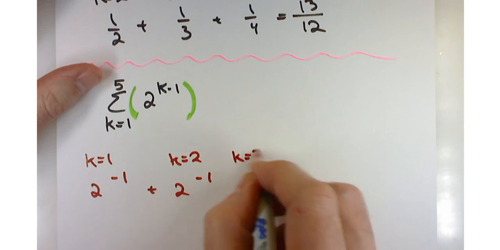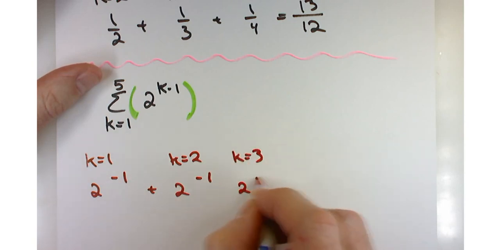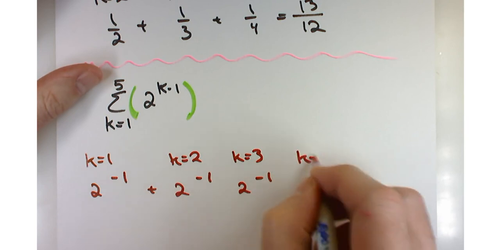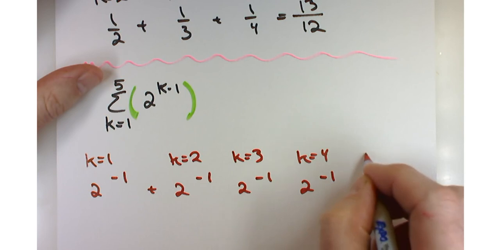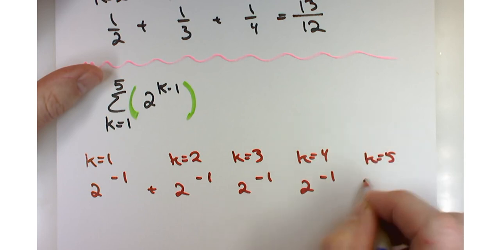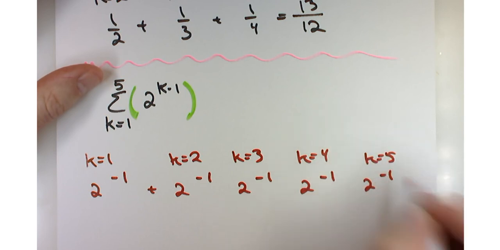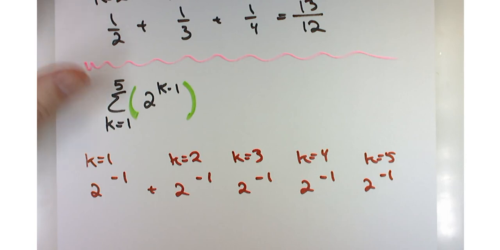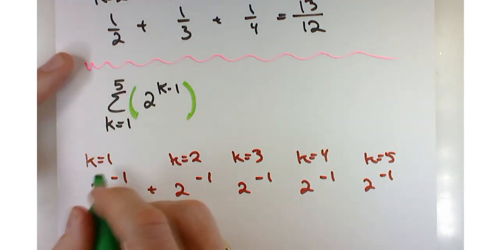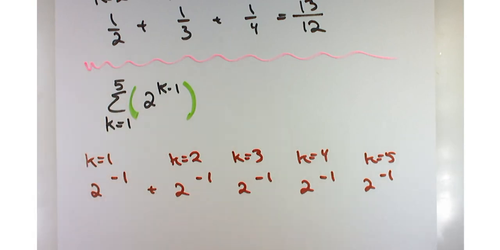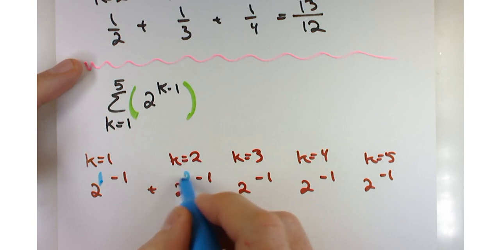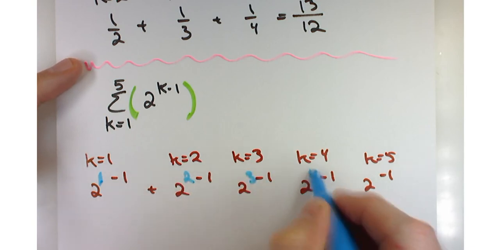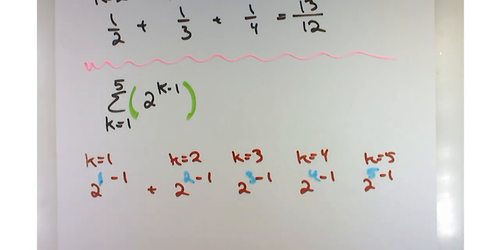K equals 3, 2 to the 3 minus 1, k equals 4, 2 to the 4 minus 1, and k equals 5, 2 to the 5 minus 1. Let's put in those numbers that you're missing there. 1, 2, 3, 4, and 5.